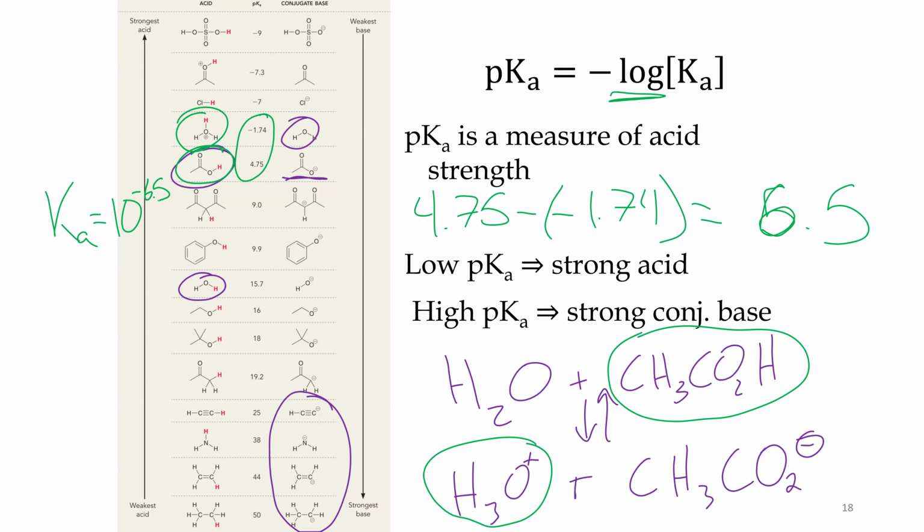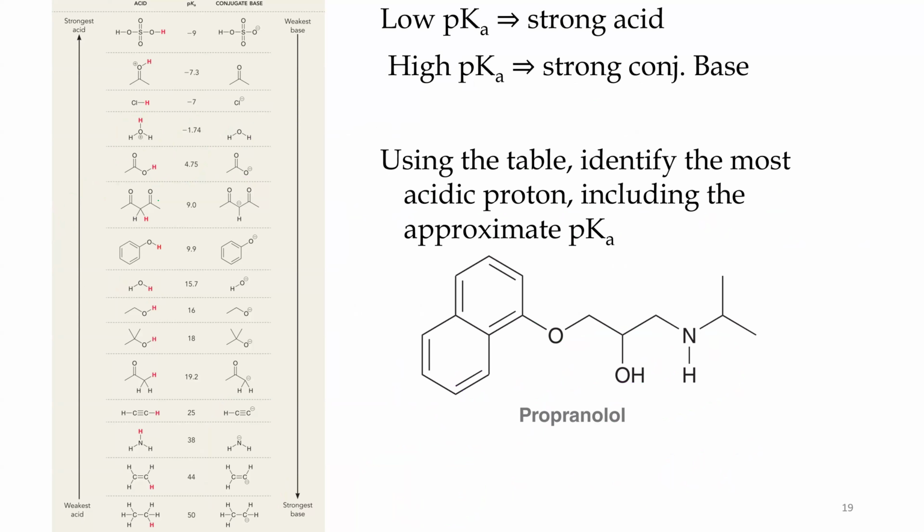And that allows us to say things like at equilibrium, you're going to have roughly a 10 to the 6.5 to 1 difference in concentrations between these. And we'll actually work out some of the math next time.